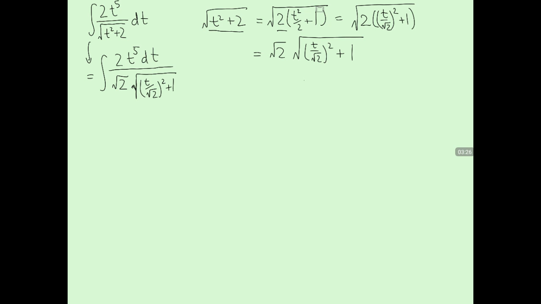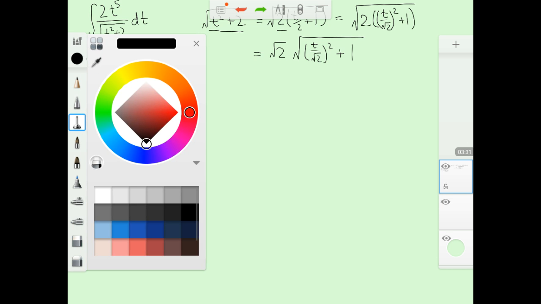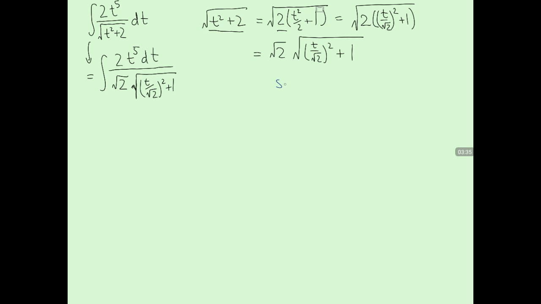So let's write down our known trigonometric identities. We can write our two important ones: sine squared theta plus cos squared theta equals 1. And if we divide everything by cos squared, we get tan squared theta plus 1 equals secant squared theta.